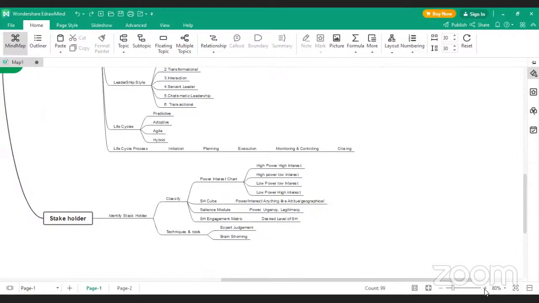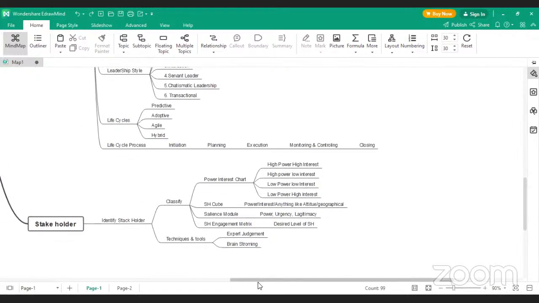So under stakeholder, we're going to identify the stakeholders. We have several methods: the PESTEL, past history, charter, or business case, or benefit management plan. So these ways we can identify the stakeholders, and then we group them upward, downward, sidewards, internal, external, and we classify the stakeholders based on priority, which is the power interest method, stakeholder cube, salience model. And we update all these things in the stakeholder register.